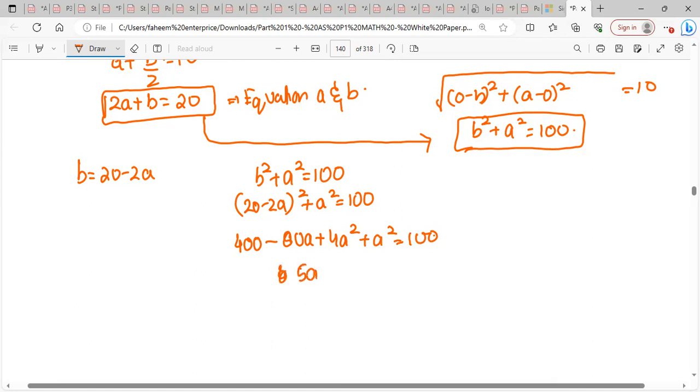So 5a squared minus 80a plus 300 is equal to 0.